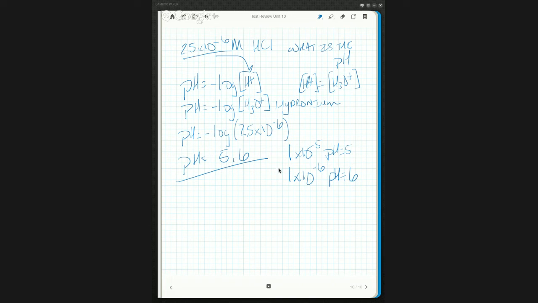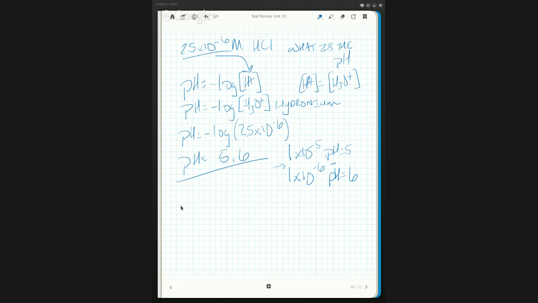And so 2.5 times 10 to the negative 6th, interestingly enough, is right in between the two of them, not exactly between, because it's log, it doesn't work exactly like we might expect, unless you know logs, and you get the 5.6, which is right in the middle. So you can kind of predict where it's going to be if you think about it, if you wanted to double check your work.